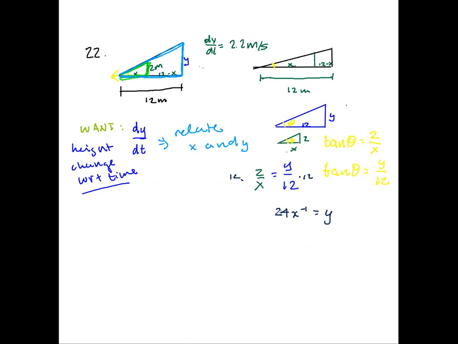Sorry, I'm running out of colors, so I should always try to color code things. So do you know what the derivative of 24x to the minus 1 is going to be?